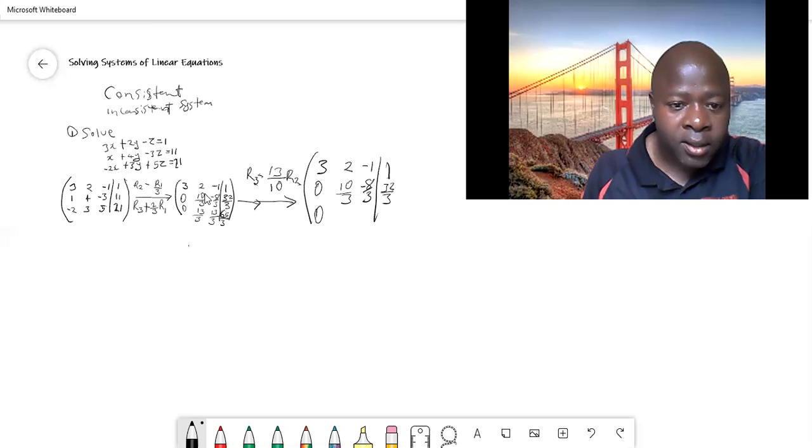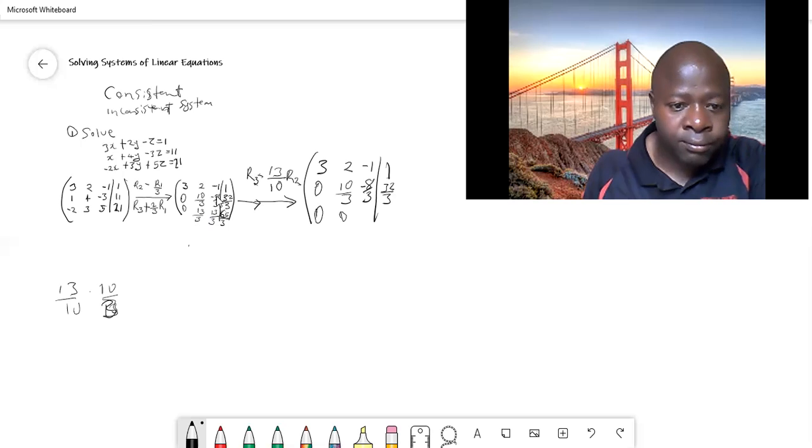And then 13 over 10 of this, 13 over 10 of 10 over 3 gives me 13 over 3. So 13 over 3 from this, I have a 0 in this position.